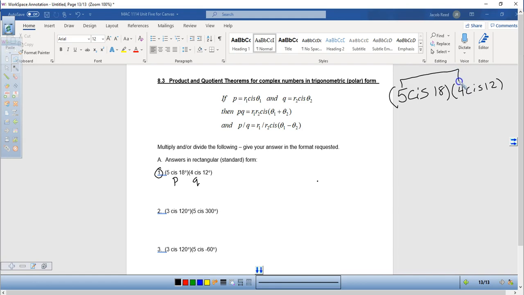Five and 4, I'm going to multiply. 18 and 12, I'm going to add, and then write the answer. 5 times 4, that's 20. Cosine I sine 18 and 12, I add together, that's 30 degrees.